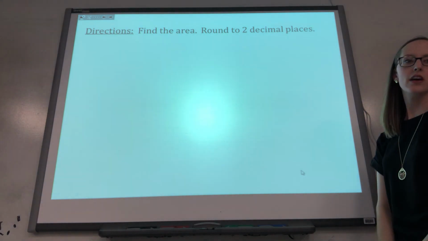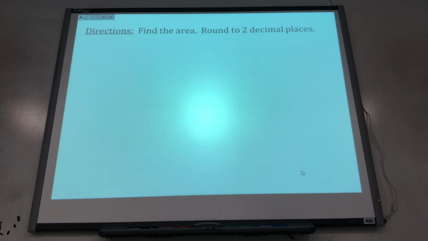Find the area, round to 2 decimal places. Okie doke. And I'll give you this one as a list. Example 2, little a is 10, little c is 12.4, and big B is 36 degrees.